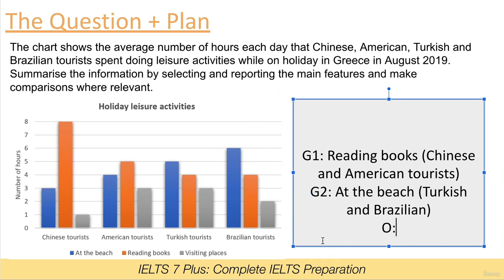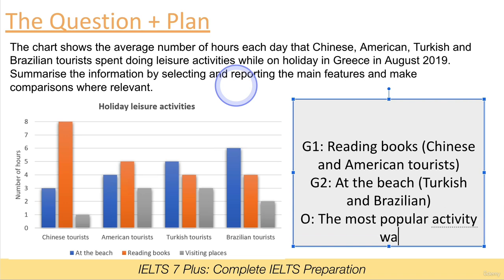So then we have our overview, which is our sweeping statement. We're not using any data yet. We're going to save that. We just want a broad, general statement. So the most popular activity was reading books, I would say.